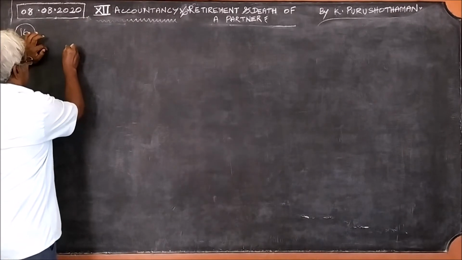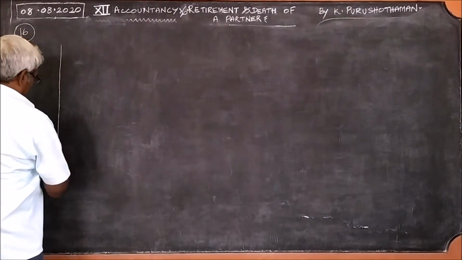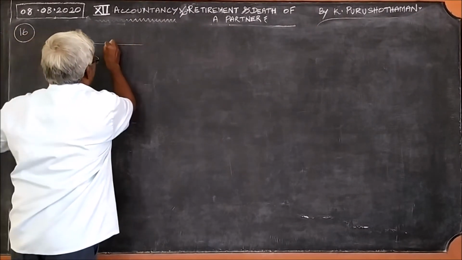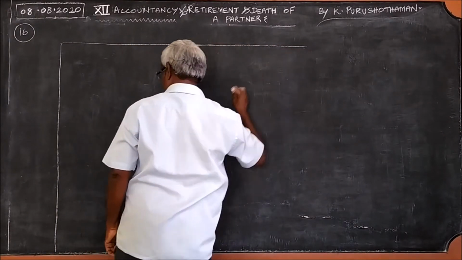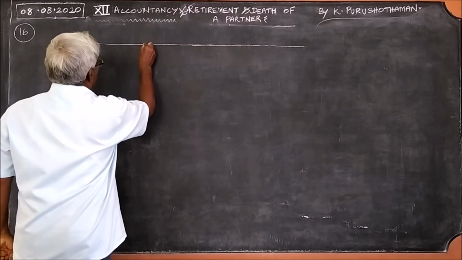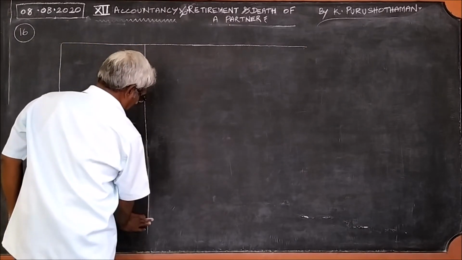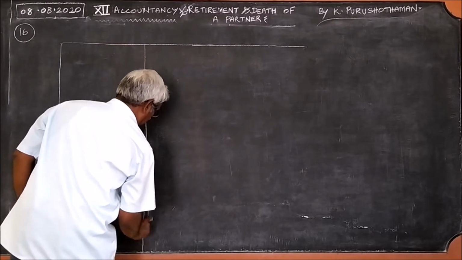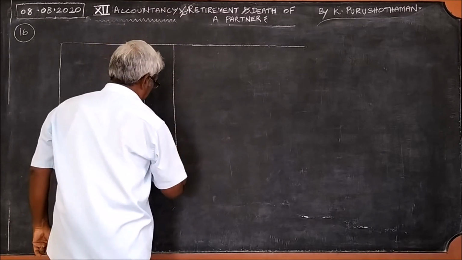16 is the capital account. Particulars. Three columns for three partners.